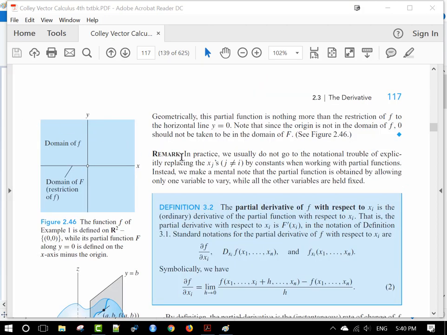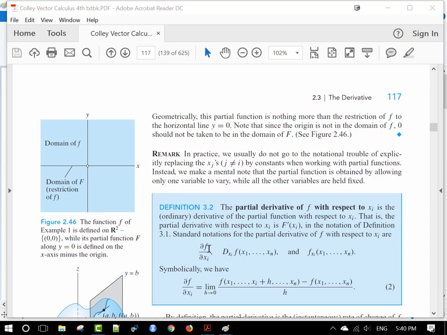And in this case, we talk about the partial derivative of f. Now f is still that multivariate function, but the partial derivative of f with respect to xi is the ordinary derivative of the partial function with respect to xi.